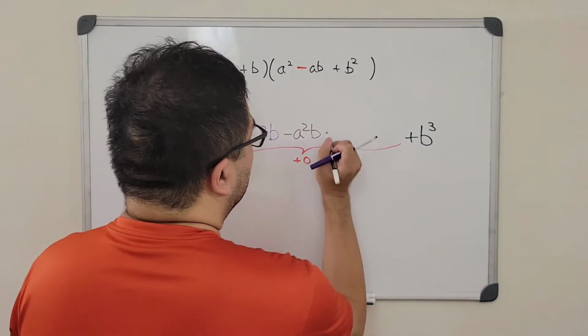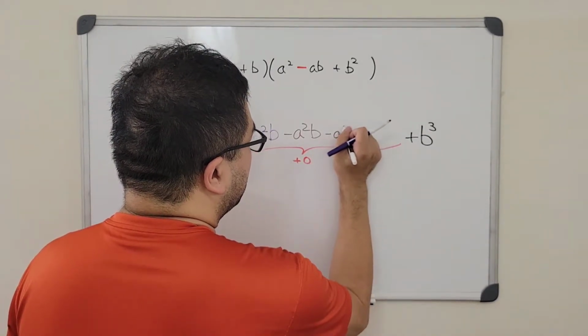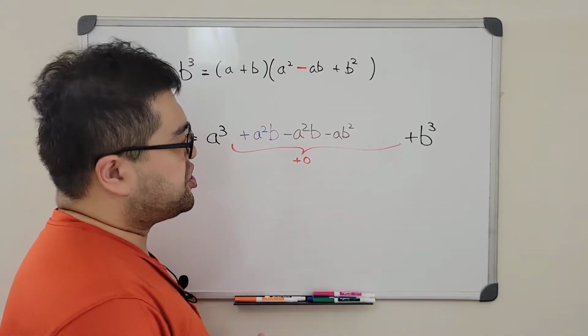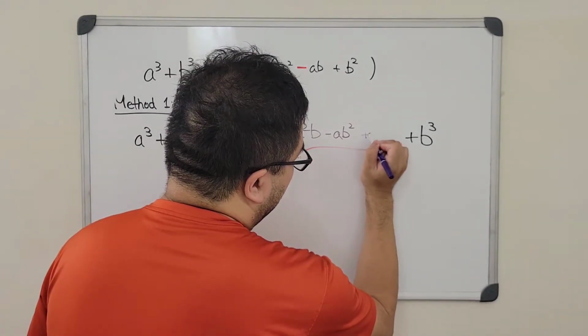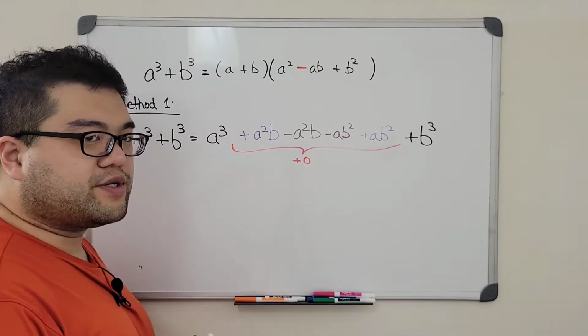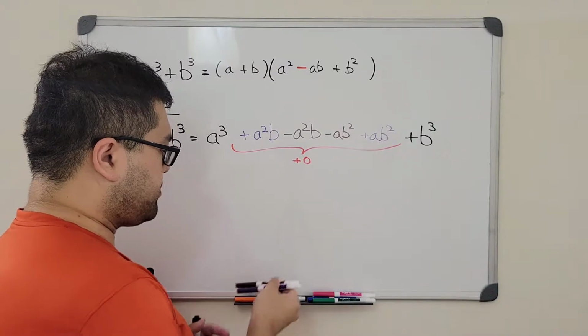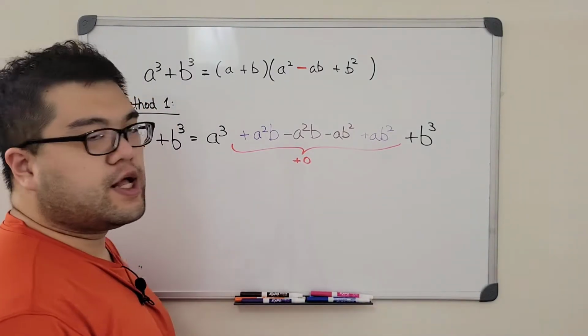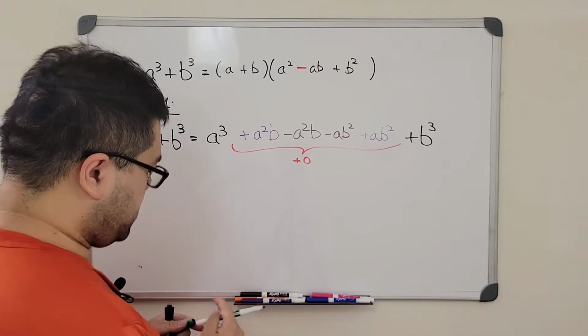This time, we will put minus a b squared. And again, to have net change zero, we need to add a b squared into our expression. Great. So now we have already finished our setup. Let's see how we can actually factor.